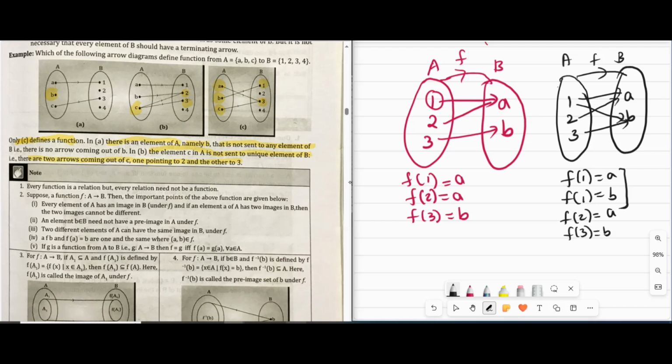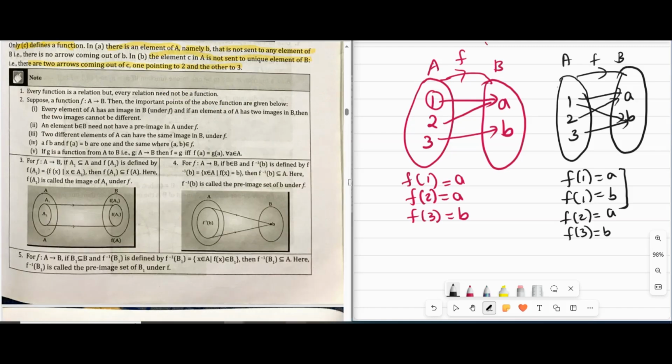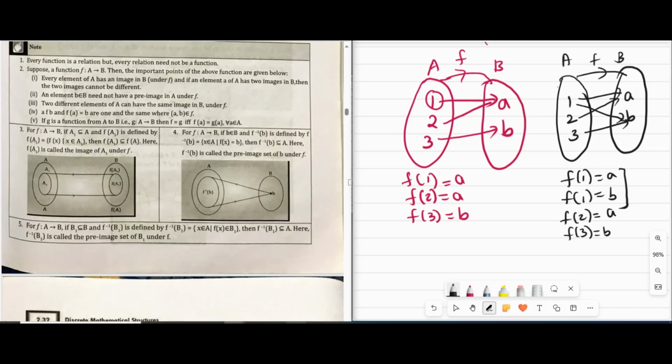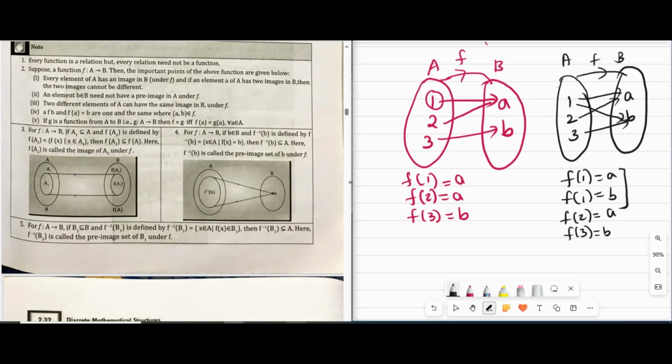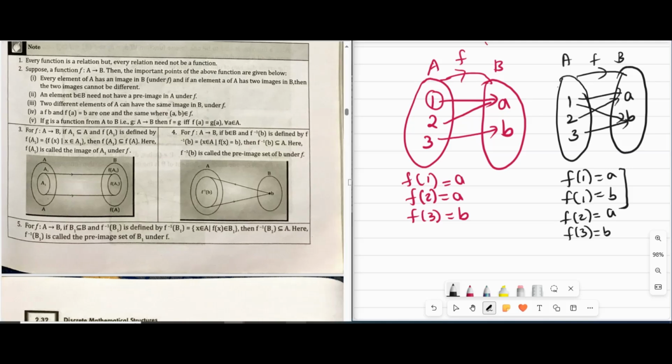Okay, then next one. Note: every function is a relation, but every relation need not be a function. For a function from A to B, the important points are given below.